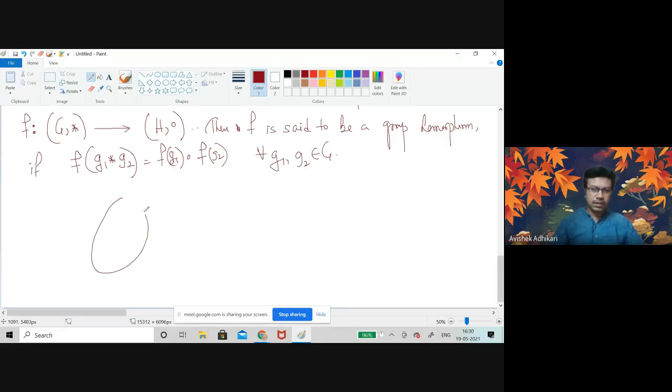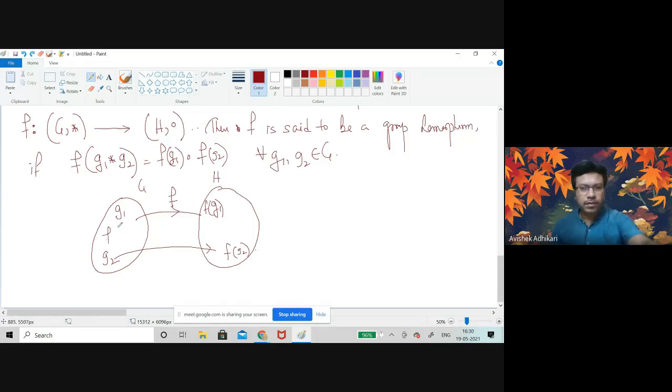It looks like this. Say here you have G and H. So here you have g1 and g2. If you make a function over F, then this will be, say, F(g1) and this will be F(g2). Now g1 star g2 is also an element of G. Now if you apply F on it, it will be F(g1 star g2).